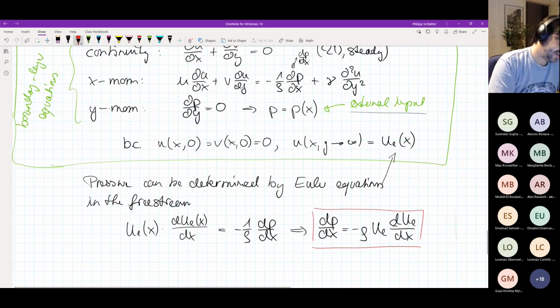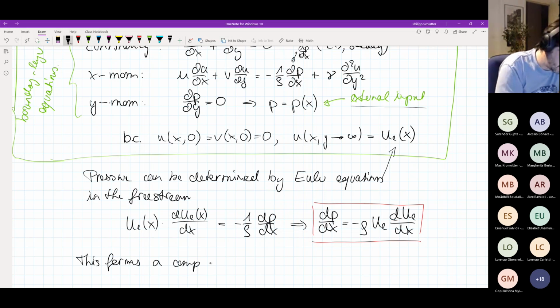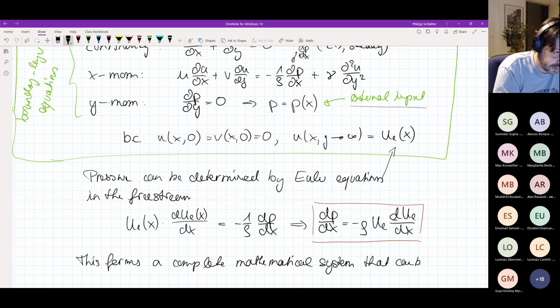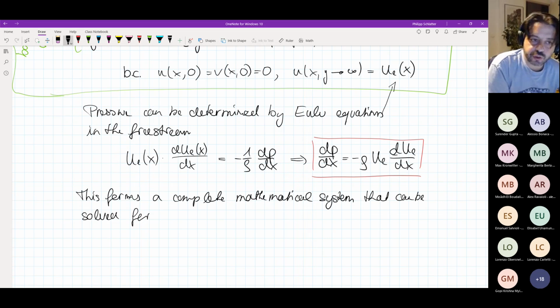But now all of this together, so when we have this UE of x, we have p of x, and all of that, this now forms a complete mathematical system that can be solved for essentially any type of free stream velocity distribution UE of x.